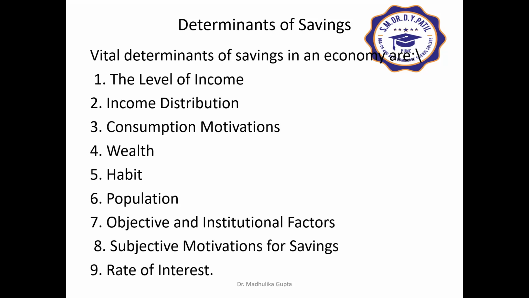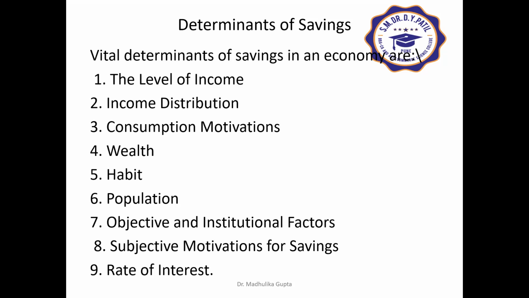Let's understand the subjective motivations for savings. People are induced to save more when there are strong subjective factors which motivate them to save. Keynes enlisted a few main motives which lead individuals to save. The very first one is precaution, that is, to build up a reserve against unforeseen contingencies.